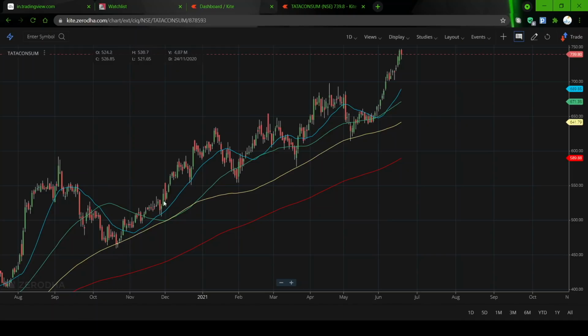It comes down somewhere above the 100 moving average, takes the support, goes up, comes down, again takes support at the 100 moving average, and now it has gone up quite well. Higher highs and higher lows.